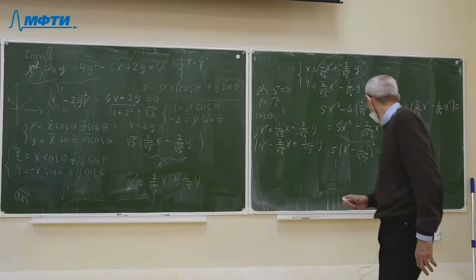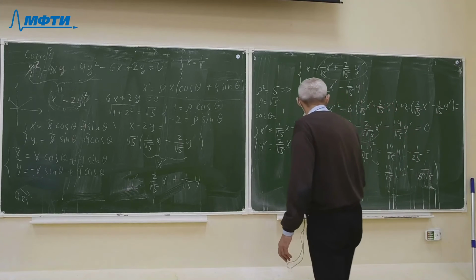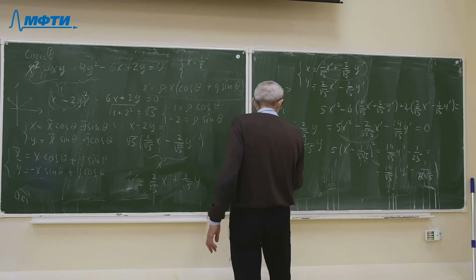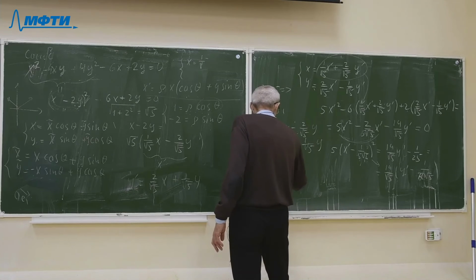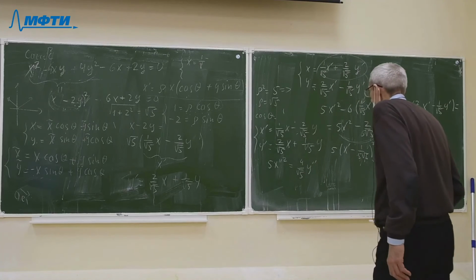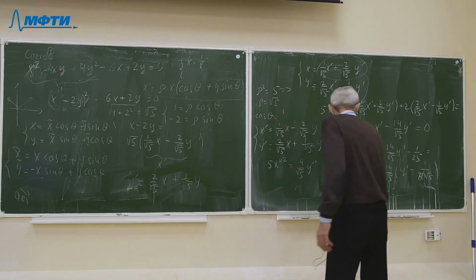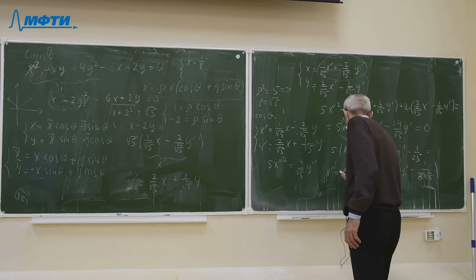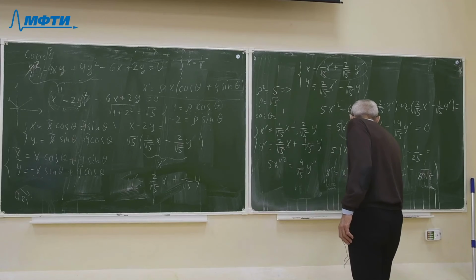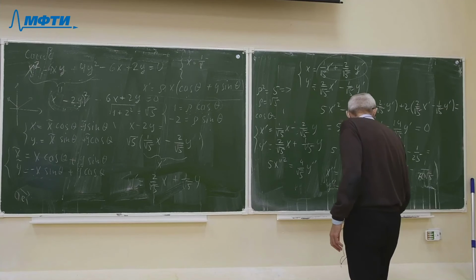I'm not sure, maybe I have made a mistake. We have the canonical system: 5x2 prime squared is equal to, and we have the exact formula for x2 prime equals x prime minus, y prime equals.